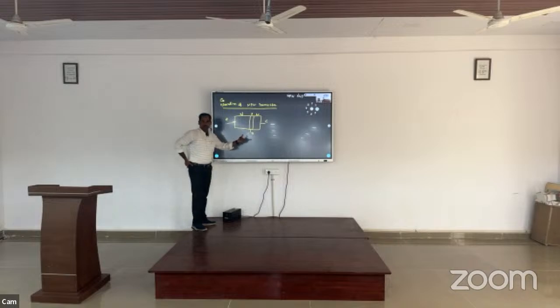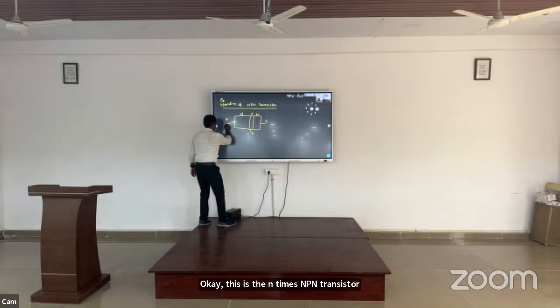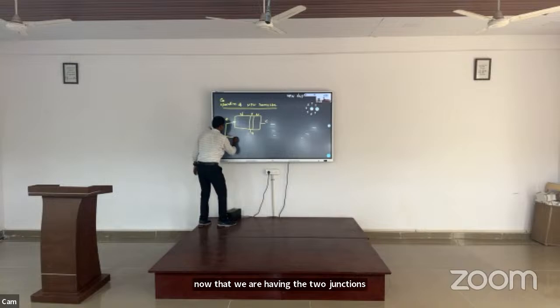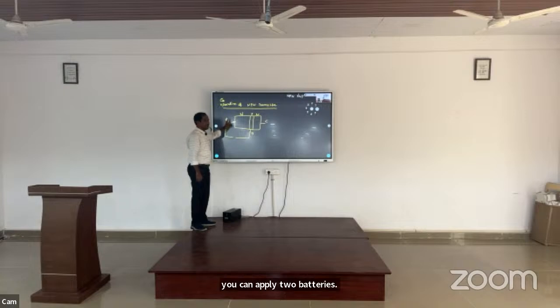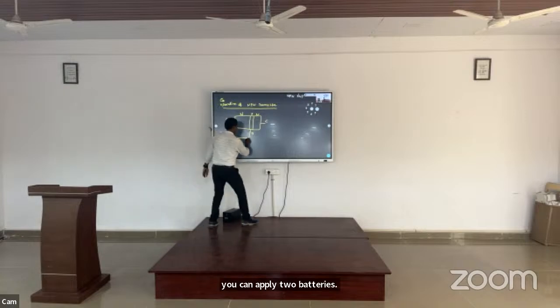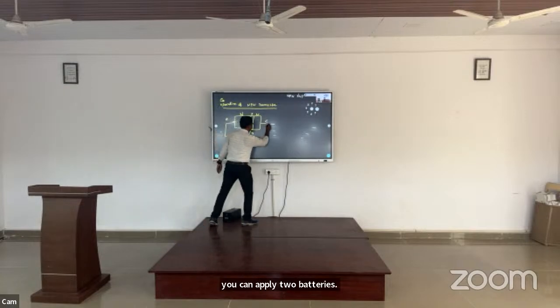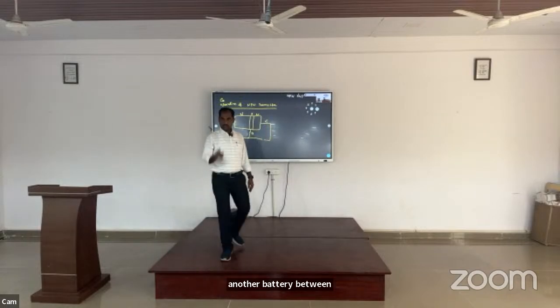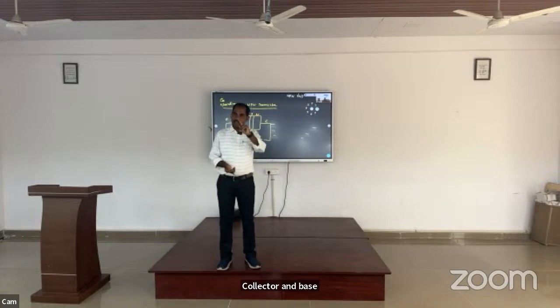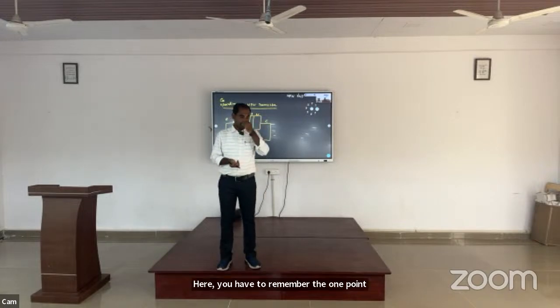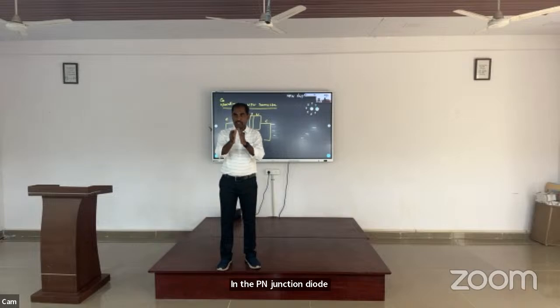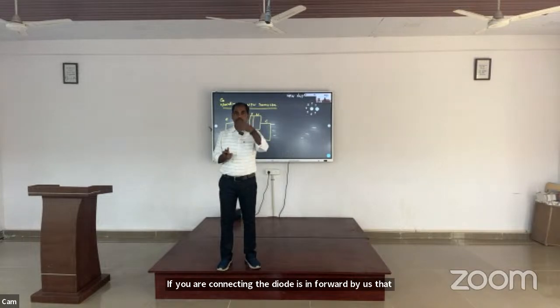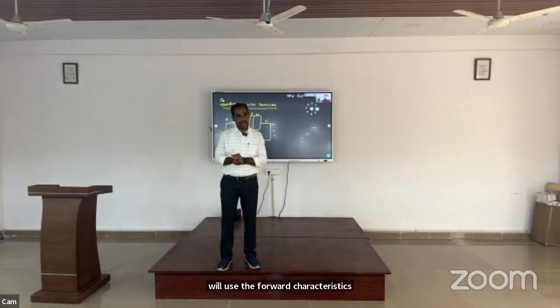Now we have two junctions. For the two junctions, you can apply two batteries: one battery between the emitter and base, another battery between collector and base. Here you have to remember one point. In the PN junction diode, if you connect the diode in forward bias, that will give the forward characteristics depending on the battery connections.